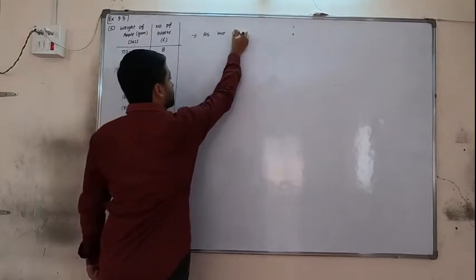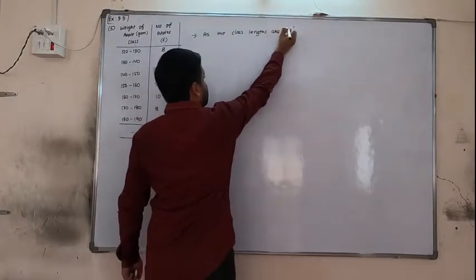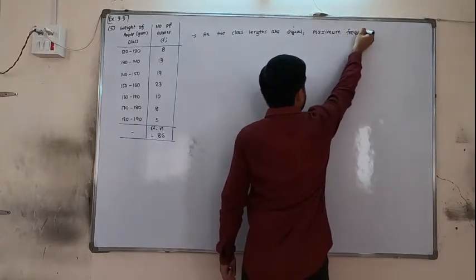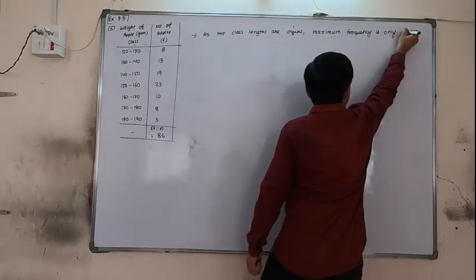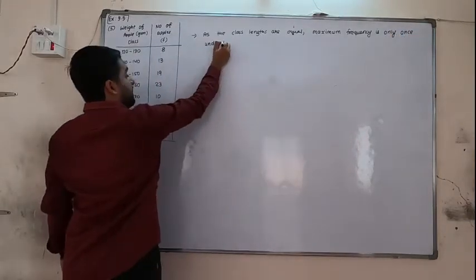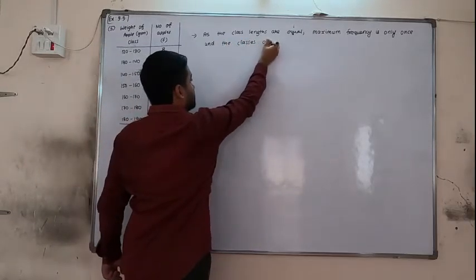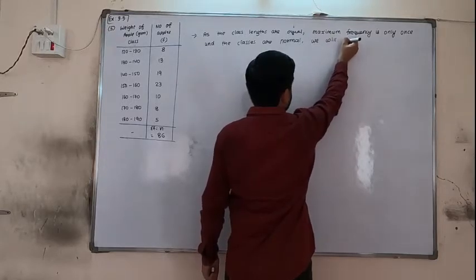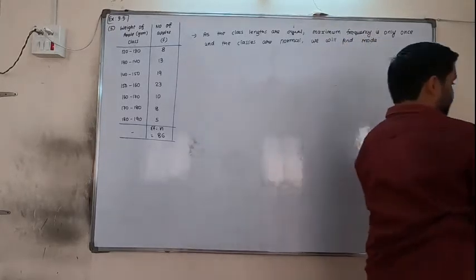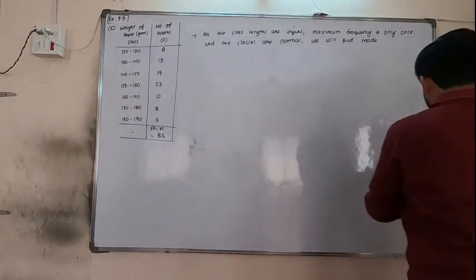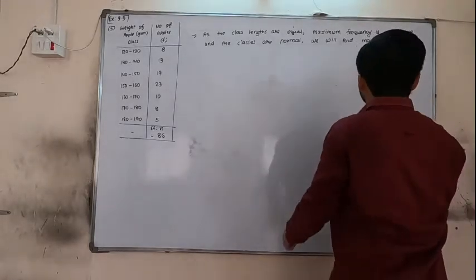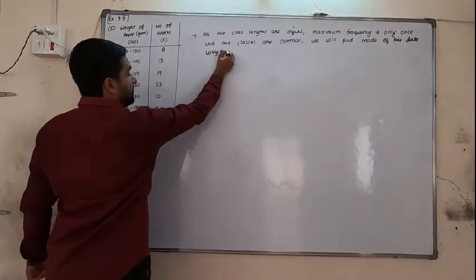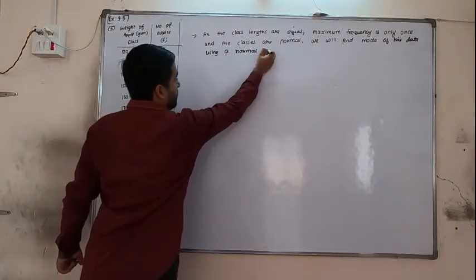As the class lengths are equal, maximum frequency is only once and the classes are normal, we will find the mode of this data using the normal formula.